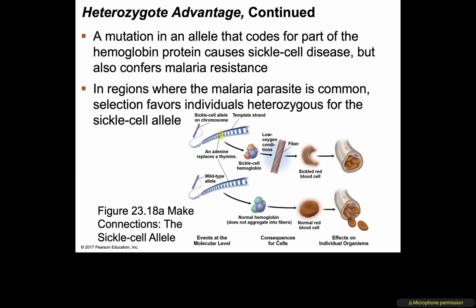They have a lower fitness of life, meaning that they still suffer from some sickle cell symptoms, but it's not so bad that it is fatal. So that is the heterozygote advantage. The person carrying the sickle cell allele but also a dominant allele has an advantage in an environment with high malaria. They are resistant to that malaria disease.